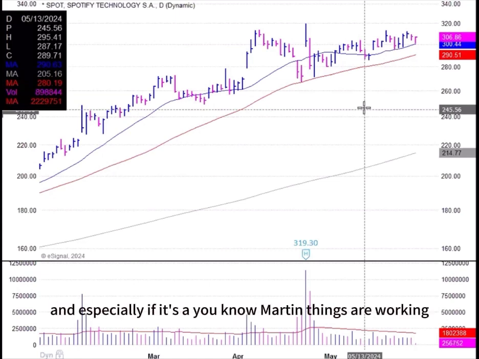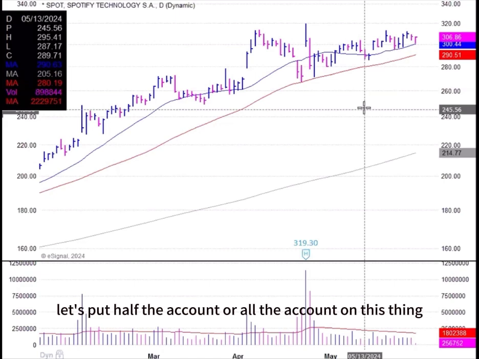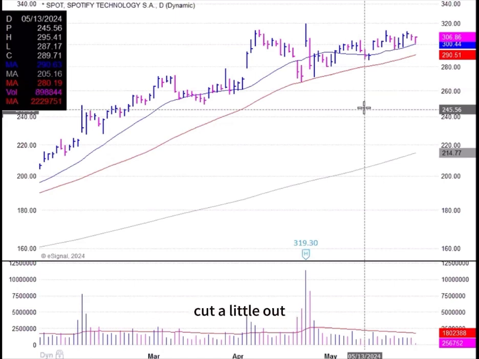Especially if things are working and we had a profit, I'd probably be saying, let's put half the account or all the account in this thing intraday. If it moves and we get up, all right, cut a little out, finance some of the risk, and we'll go overnight with a bigger position if we can finance some of the risk. So you'll see how that unfolds.